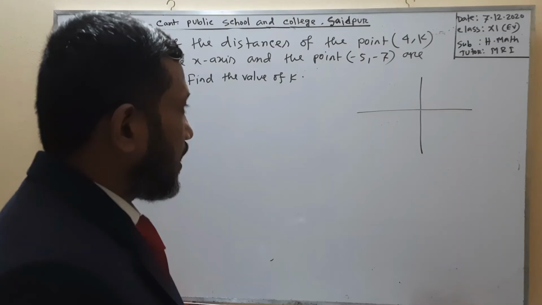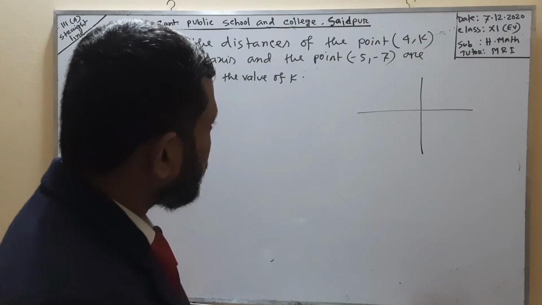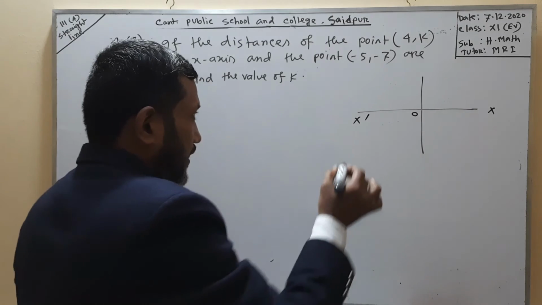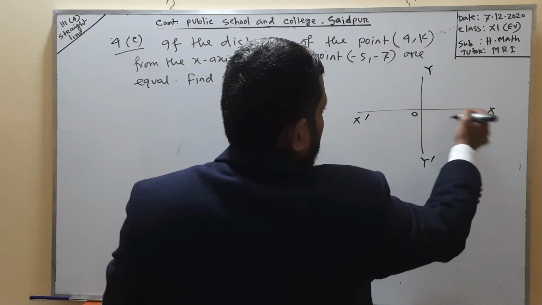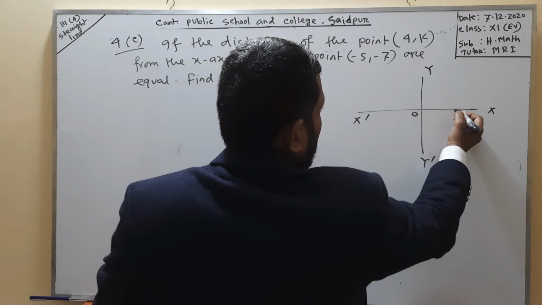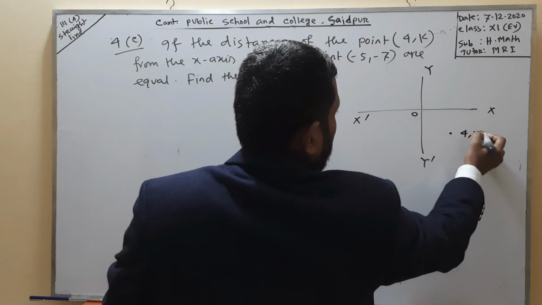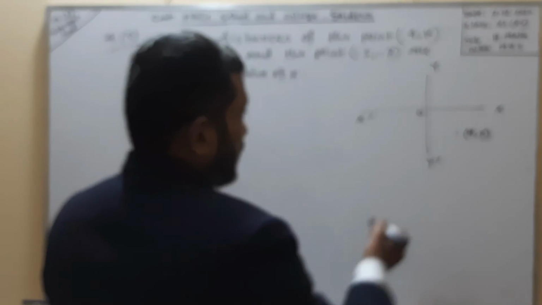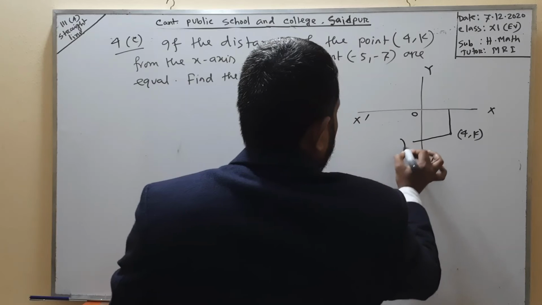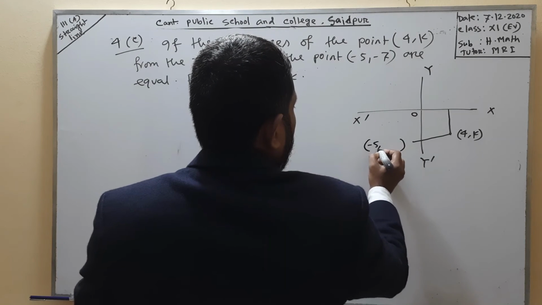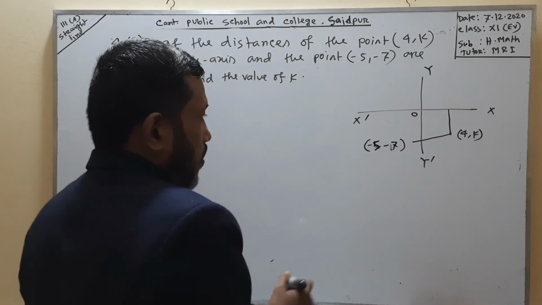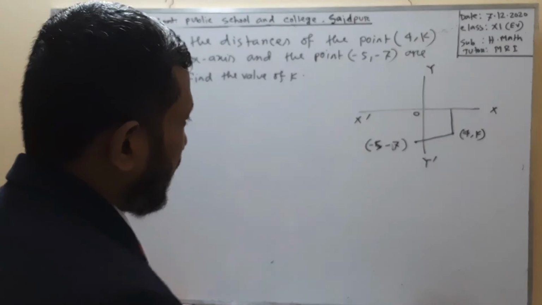Suppose this is the Cartesian coordinate system. Here this is the x-axis, that is XOX dash, and YOY dash is the y-axis. Suppose the point is 4 comma k, and the other point is minus 5 comma minus 7. These two distances are equal.